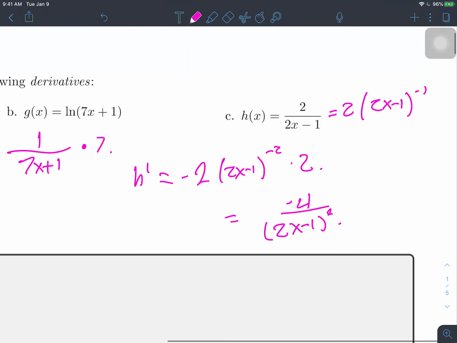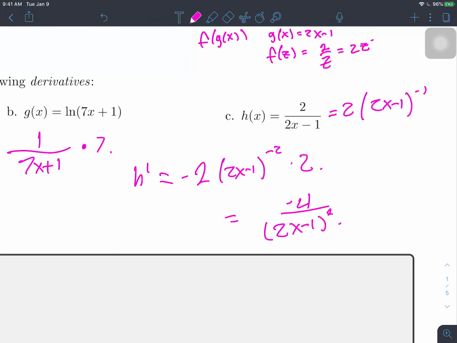Okay, so here's how I did that. I treated this as f of g of x, where g of x was 2x minus 1, and then f of z was 2 over z, or 2z to the negative first power. So when I found the derivative f prime of z, I used the power rule.